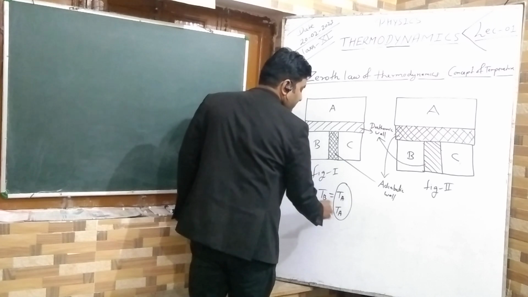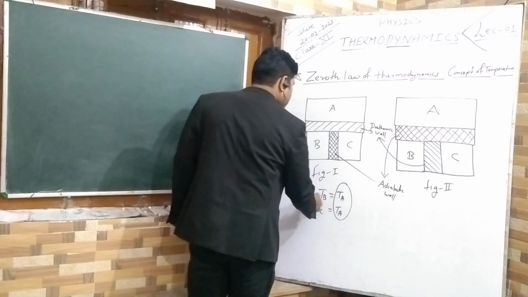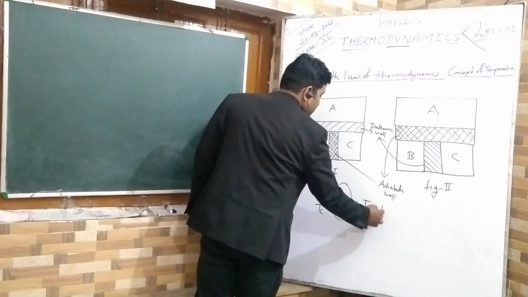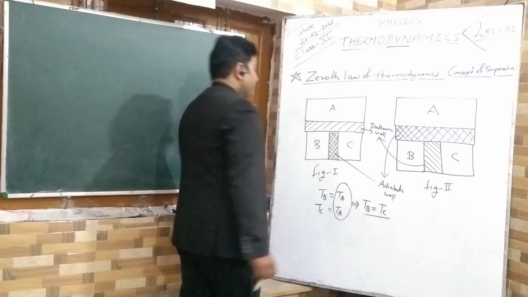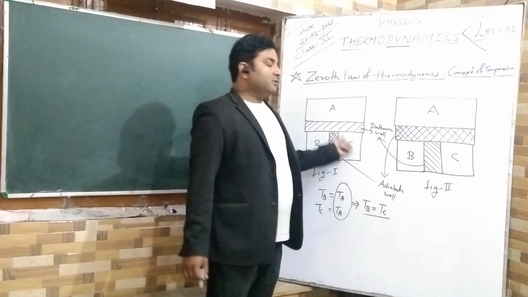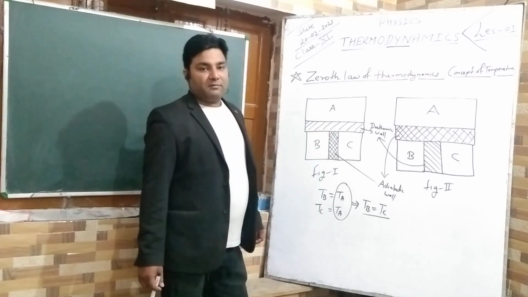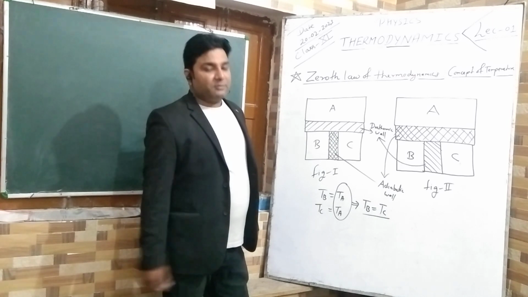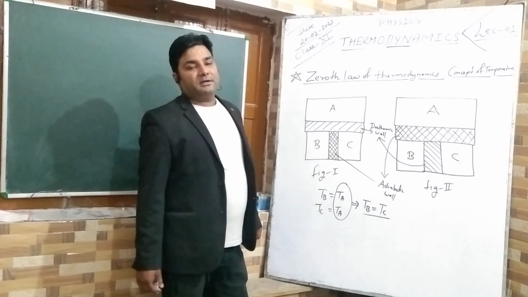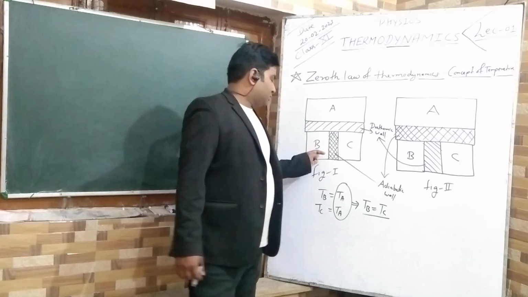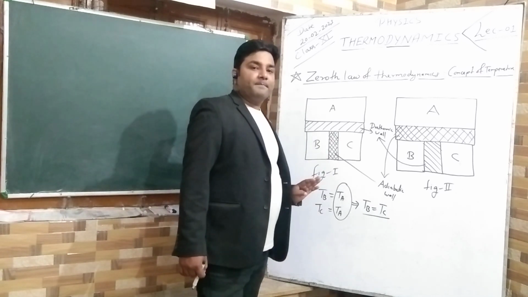Here the right side is A, so the left sides must be equal. This implies that T_B is equal to T_C. Body B's temperature becomes equal to body C's temperature. Why? With the help of this diathermic wall. And how these particular conditions are obtained, just confirm: both B and C are in thermal equilibrium.